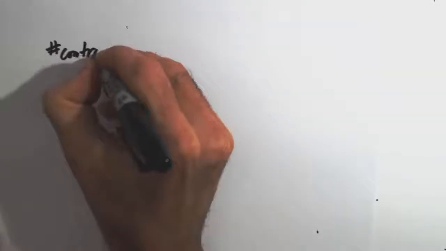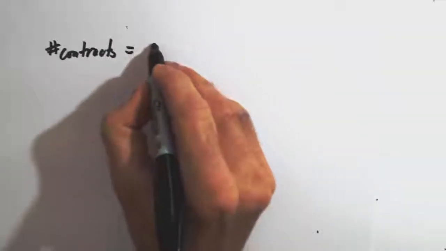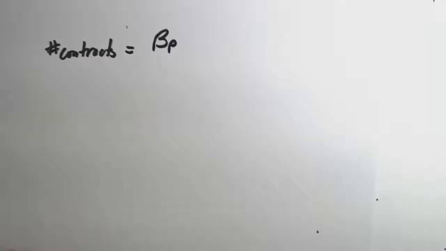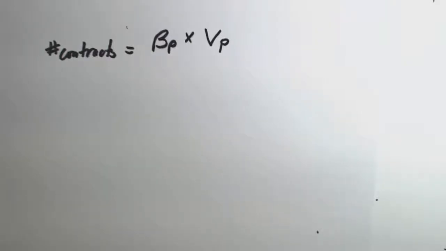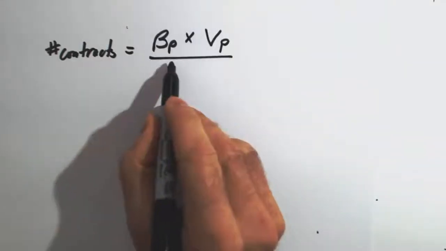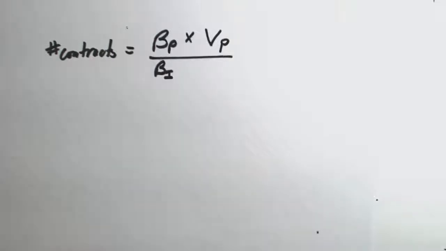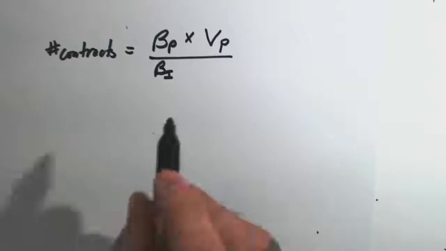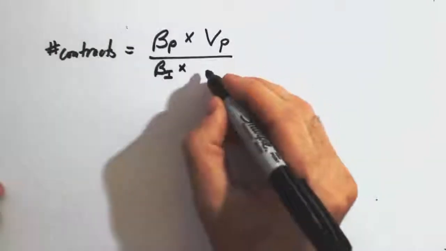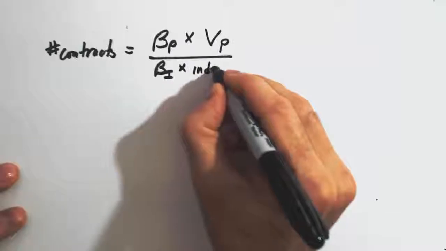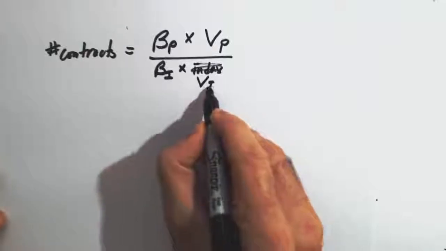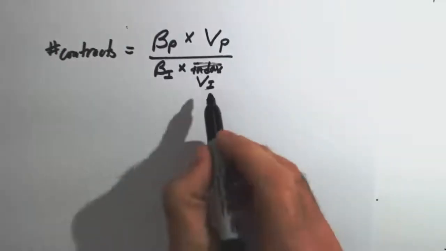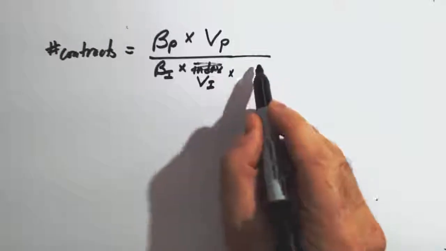So the formula, number of contracts, is a function of the beta of the portfolio that you're managing times the value of the portfolio you're managing, divided by the beta of the index that you're going to use to hedge the portfolio with times the value of the index. So maybe you want to call this VI, value of the index. And then you need the multiplier.